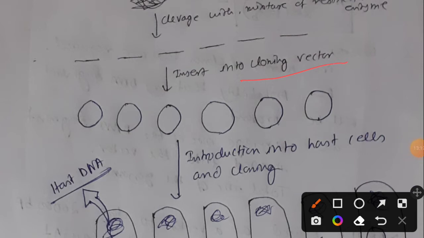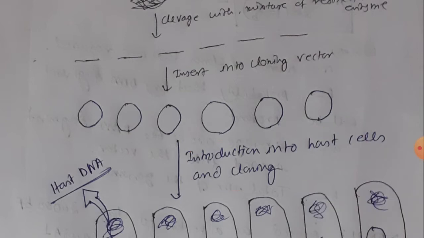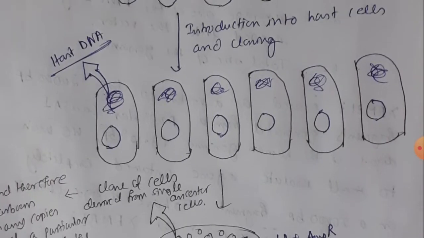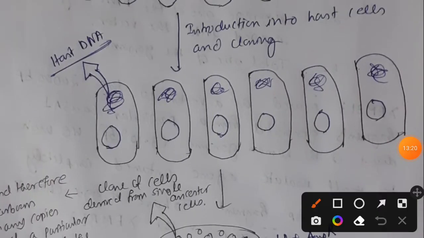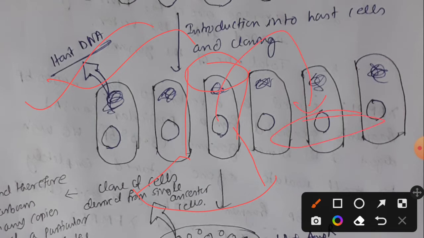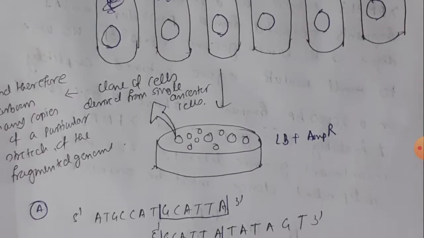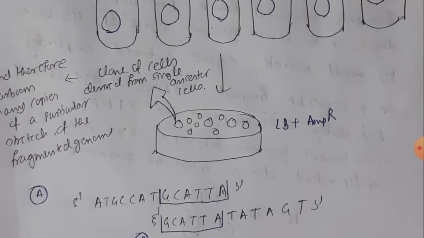Then we will introduce them into host cells and facilitate cloning, and we will end up with this. Now suppose those cells are present in a conical flask, and you have to plate them on appropriate LB agar media, and you will end up with colonies.